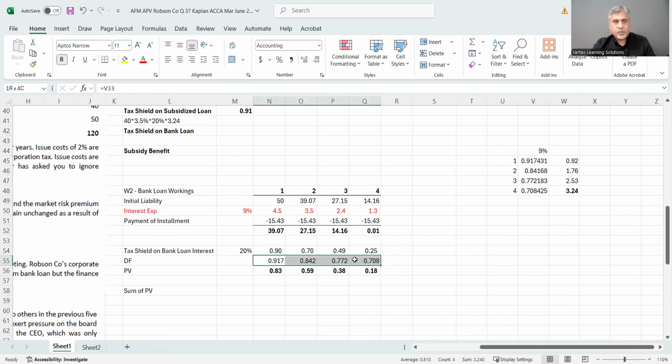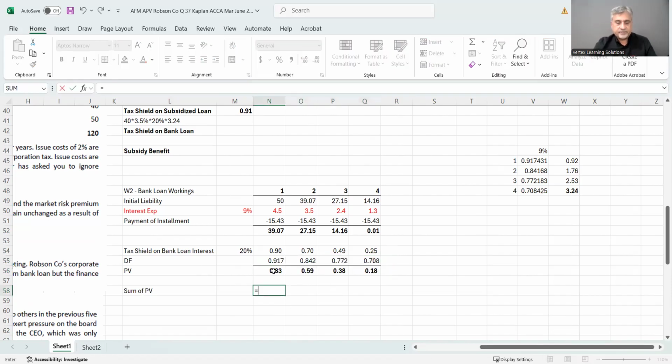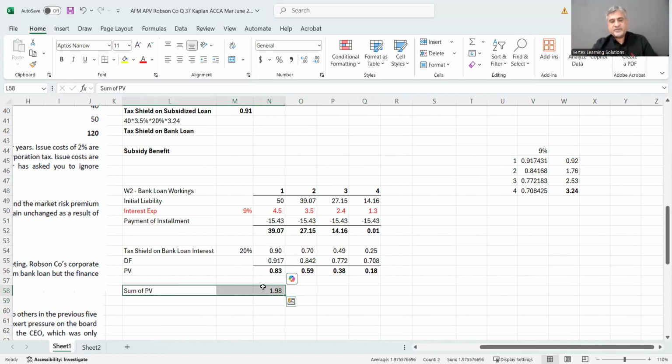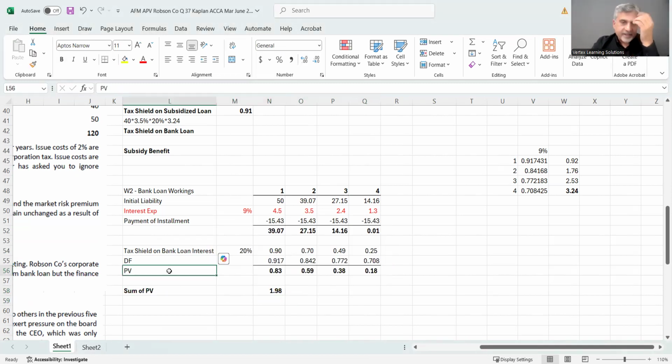I hope you guys understand the bank loan calculation, how I did that, and I think I did not make a mistake. It is 1.98. So this is the sum of present values. What I did: I have to pay interest, and the bank interest is not going to be the same every year.